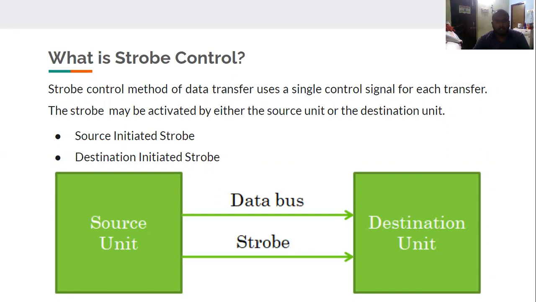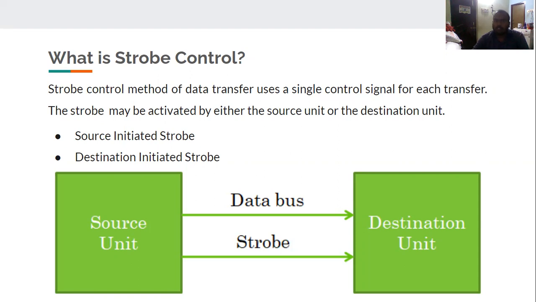Let us see what is strobe control. The strobe control method of data transfer uses a single control signal for each transfer. The strobe may be activated by either the source unit or the destination unit. It does not use multiple control signals for data transfer.